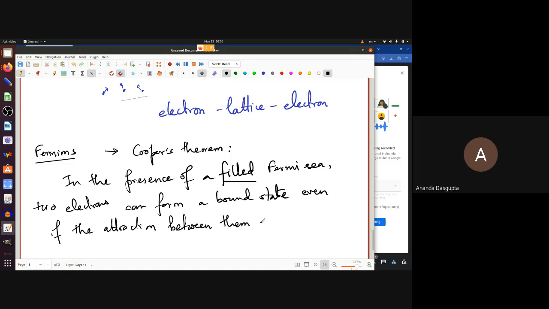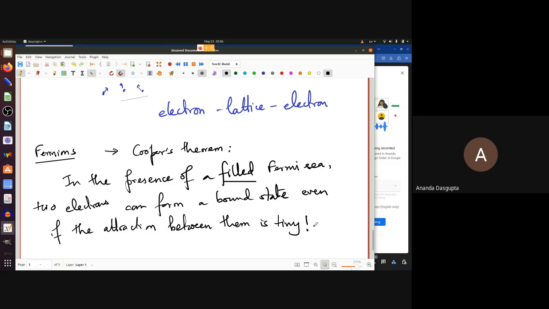Then it's tiny. So this is Cooper's theorem, that if you have a filled Fermi sea, then and only then would an arbitrarily small interaction between two electrons lead to a bound state of two electrons, lead to a Cooper pair. Okay?